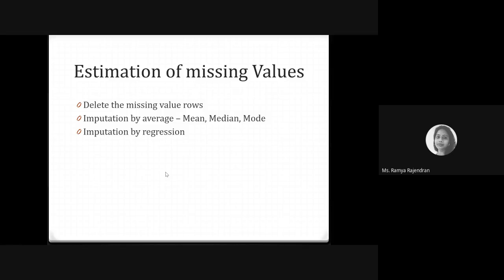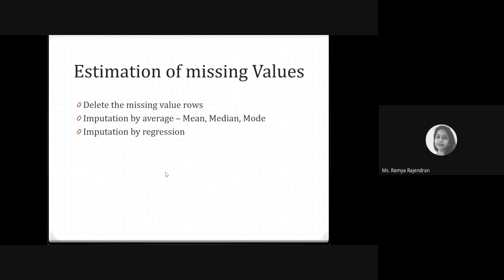But if it is a continuous variable, you can do imputation through mean and median. Otherwise, you can do imputation through regression methods, or you can even apply machine learning techniques to find out the missing values.